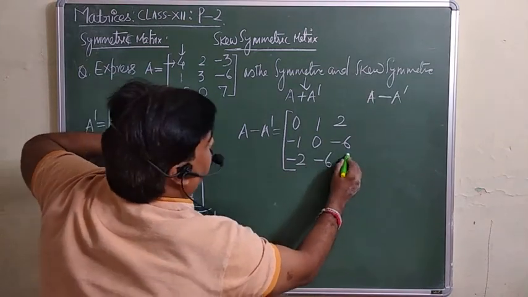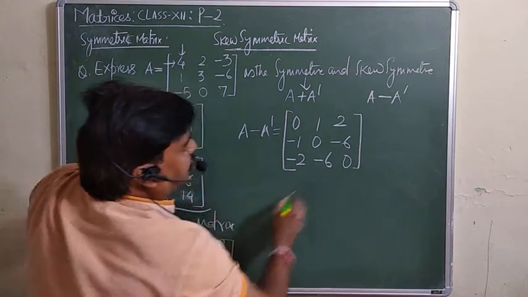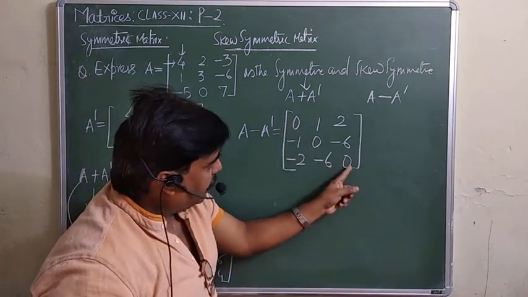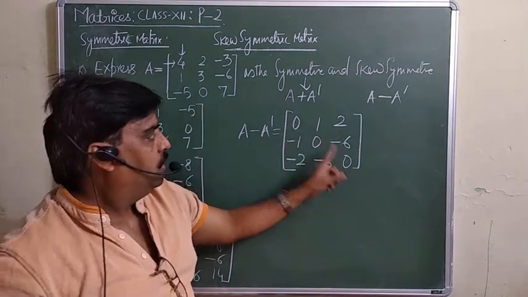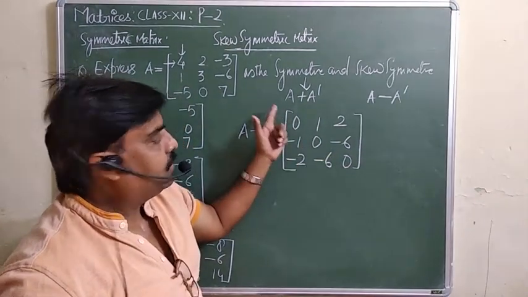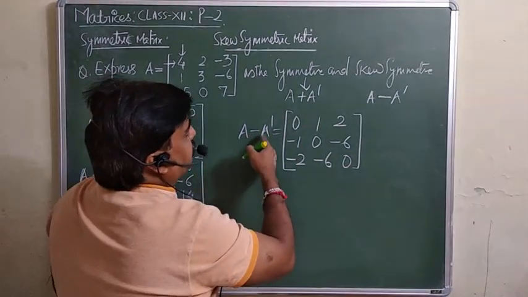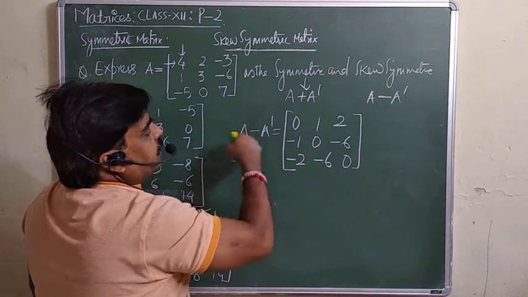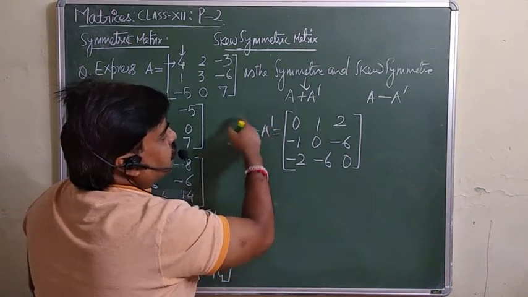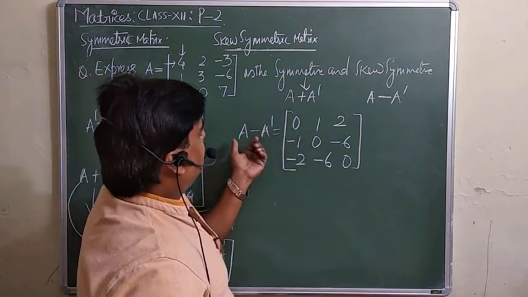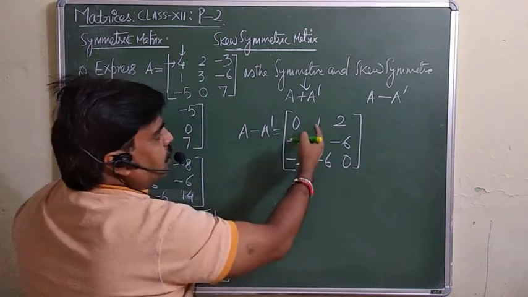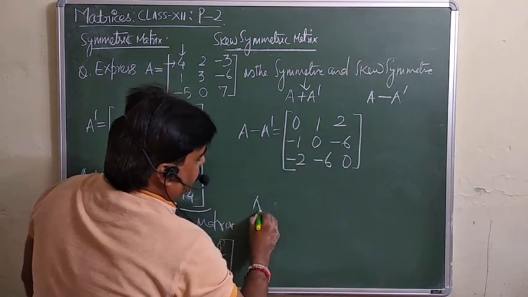Minus 6 and 0. First of all, the diagonal elements are already 0, so you can say this should be skew symmetric, but you can check. If you take the transpose of A minus A transpose, it should be equal to the negative of this matrix, so you can take the minus common from here.